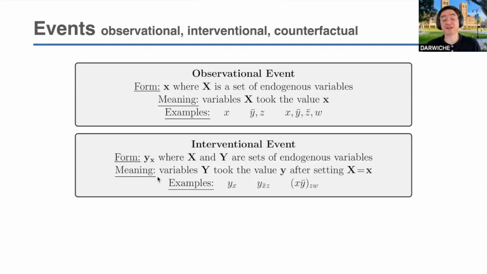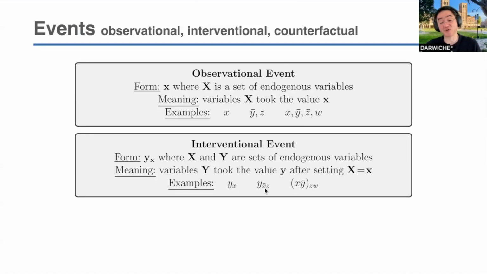An interventional event has the following form. X and Y are sets of variables, endogenous variables in this particular case. And this means that I set these variables to that particular value, and as a result, the variables y took this particular value. So now I can have these kinds of expressions. I set x to this value, and as a result, y took that value.